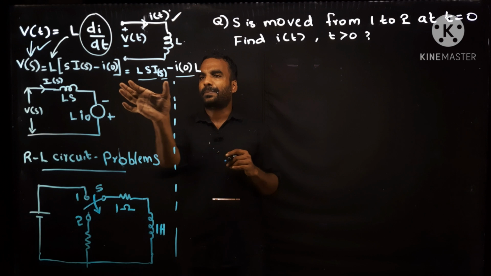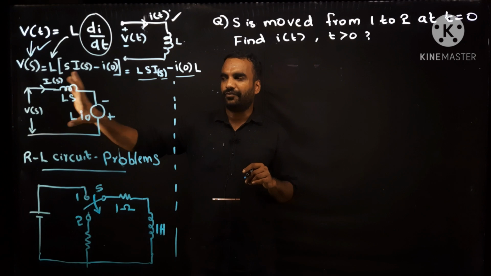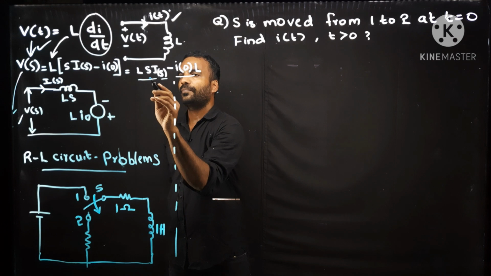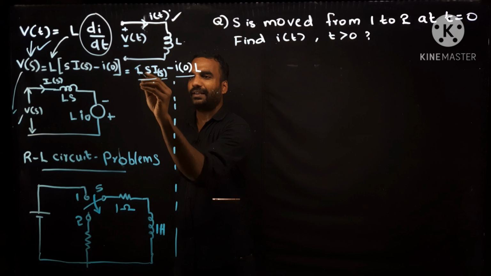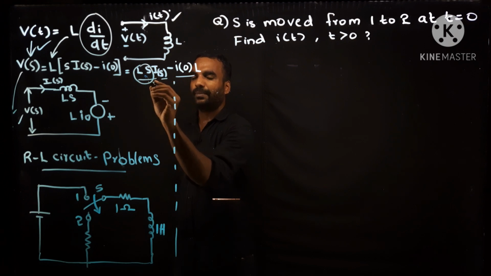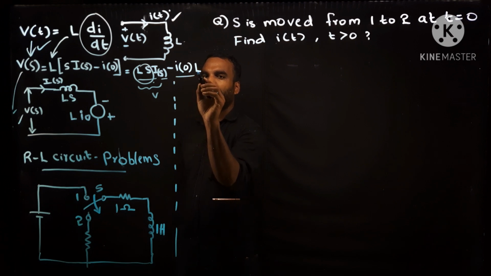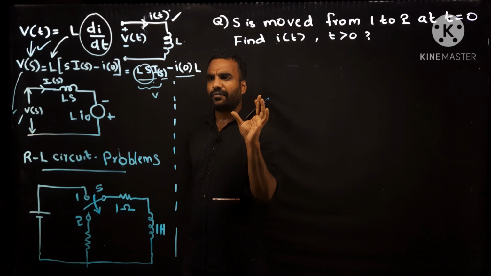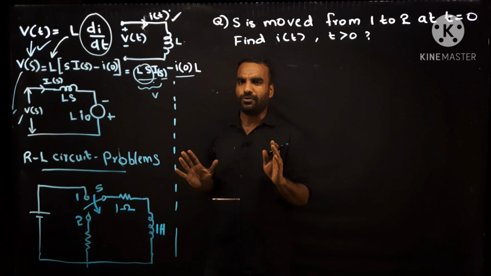Okay. So V of s is equal to this, and I am representing that in a figure, an equivalent circuit. Applied voltage V of s is equal to Ls I of s. I of s is the current that is multiplied with Ls, current into some impedance form, and this will give some voltage. Here also it is current into some inductor value, because the left side is a voltage, so both elements on the right side will also be voltages.